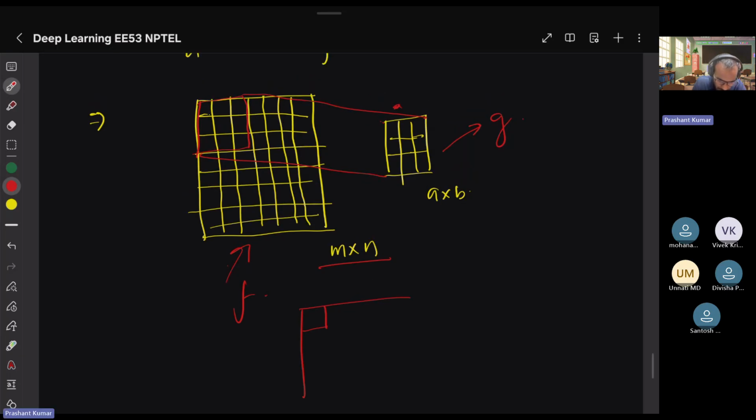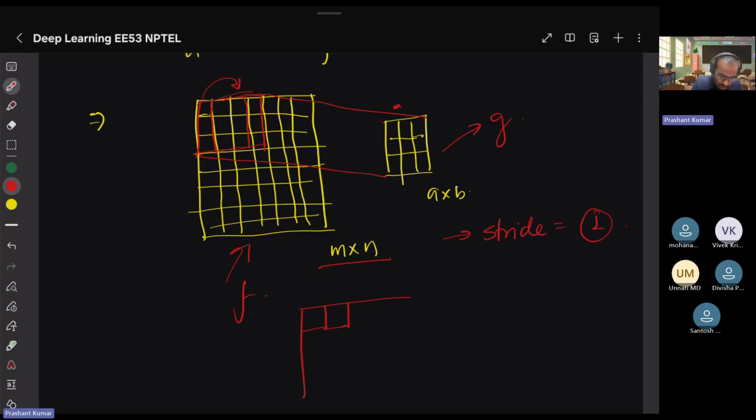Then we move one column to the right-hand side, and we get another value. So we have moved one step at a time. Then we have the terminology called stride, and we call this stride 1.